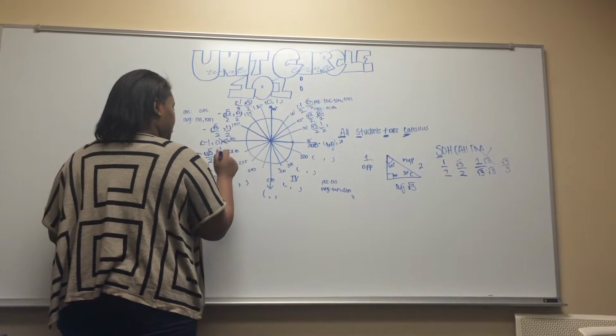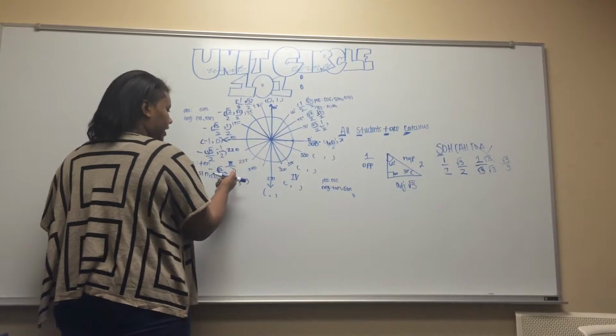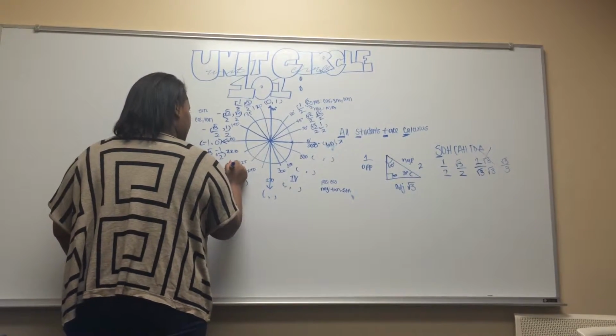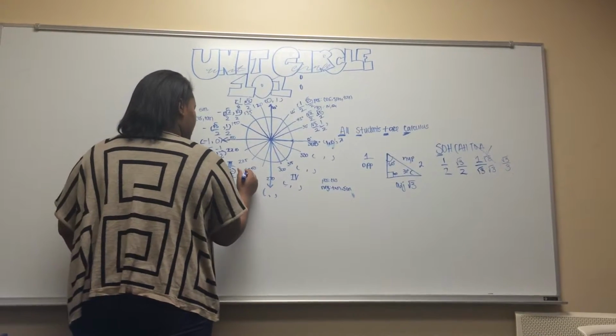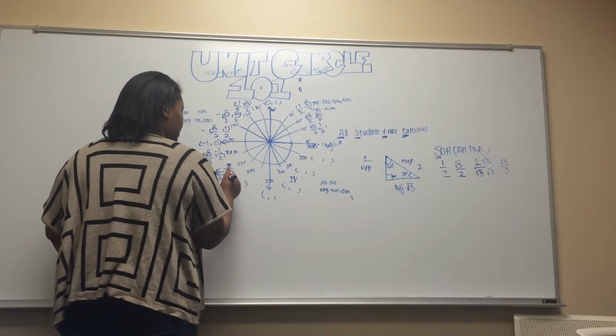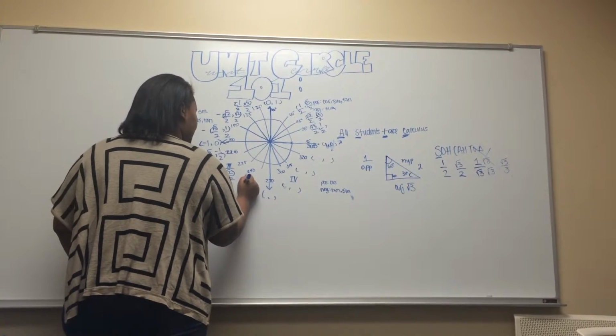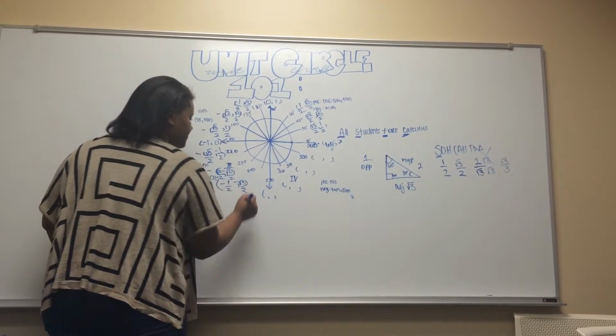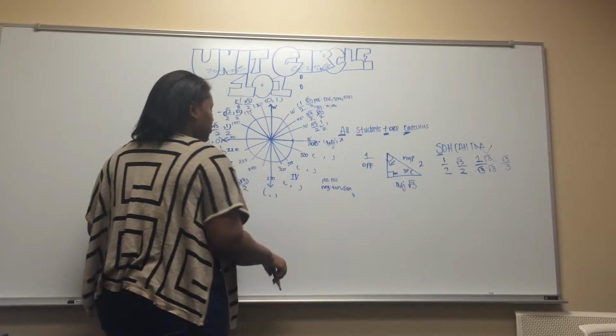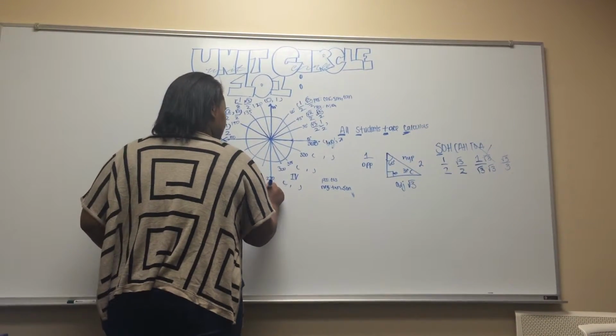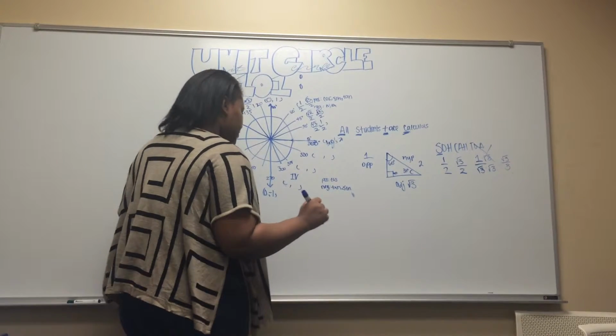Then for your sine for 225, it'll be negative the square root of 2 over 2. And then your sine for 240 will be negative the square root of 3 over 2. Then for 270, it'll be 0, negative 1.